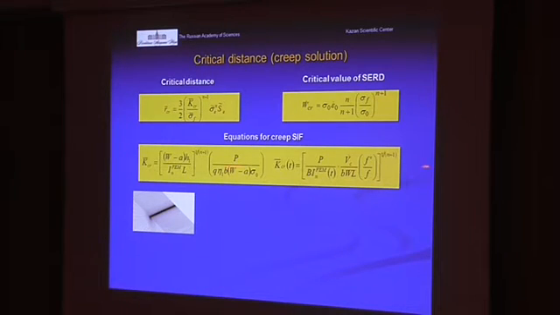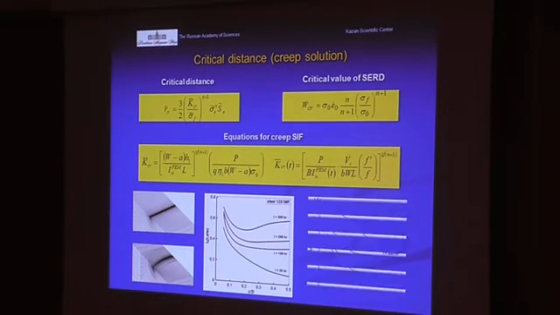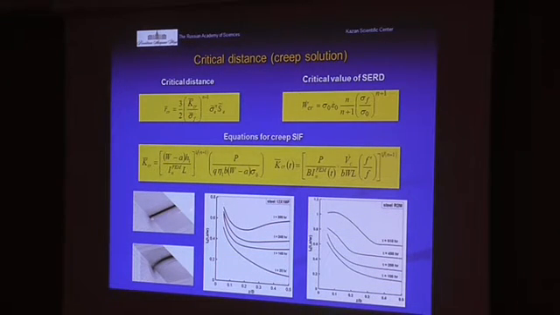Again, the equation for creep stress intensity factor, and you will see the distribution along the strike height and curvilinear crack front of governing parameters as a function of creep conditions, creep material properties, and dimensionless crack length.